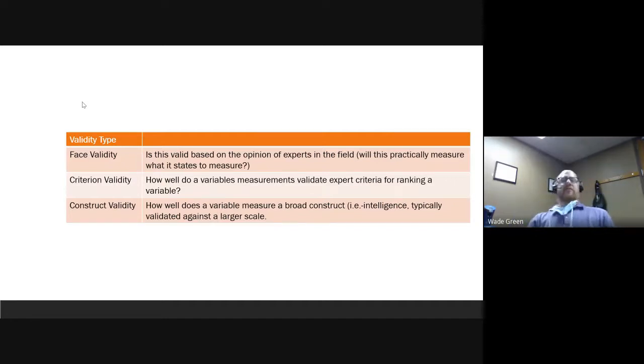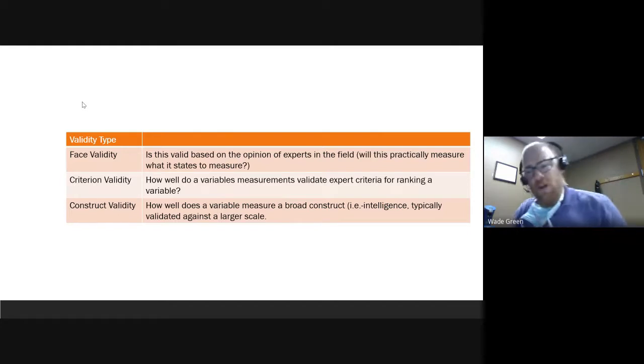Next, criterion validity. How well do variables measure the validation of a criterion? For example, if we were looking at levels of cholesterol, levels of plaque on the artery walls of a patient, and we wanted to rank that based on mild disease, moderate disease, or severe disease, certain levels of arterial narrowing would be broken down into categories of mild, moderate, or severe disease.